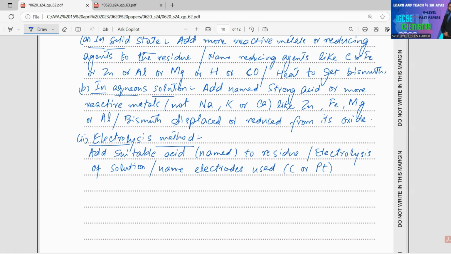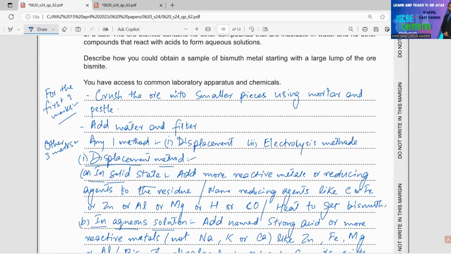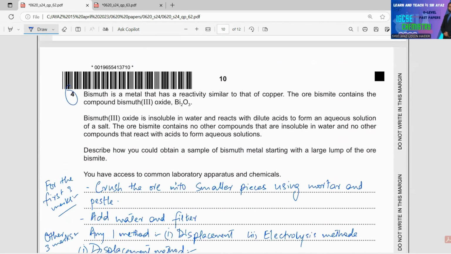Both of these are inert. Last but not least, bismuth is produced at the cathode. So you can go for one of these in order to get bismuth from its ore.